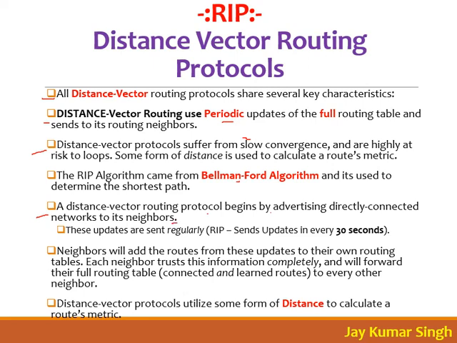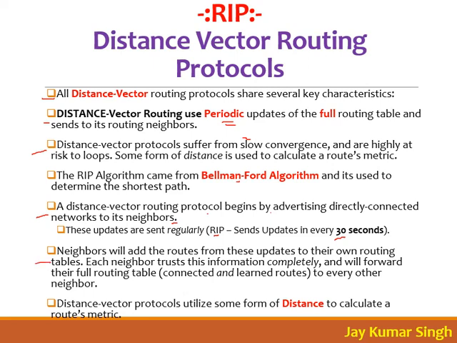If some router is far away, I cannot update it. In dynamic routing, whether RIP, EIGRP or OSPF, they update their directly connected neighbors, and they send updates every 30 seconds. This is the periodic update.